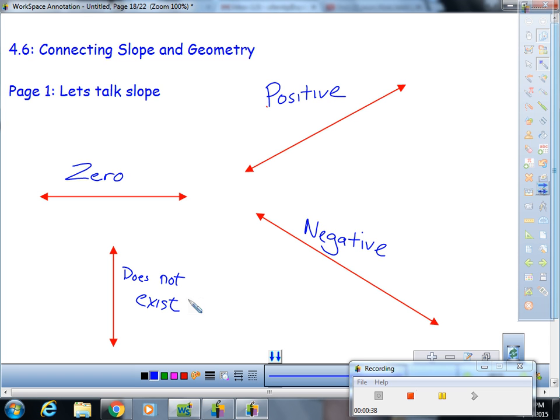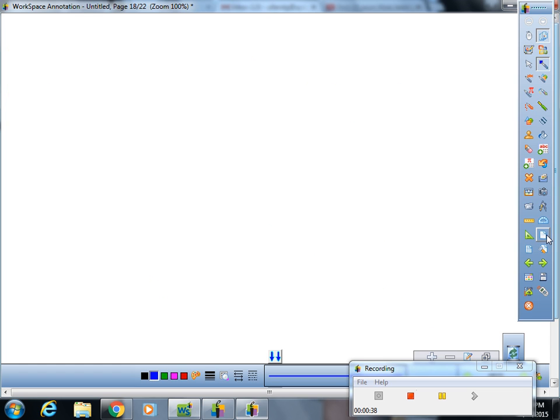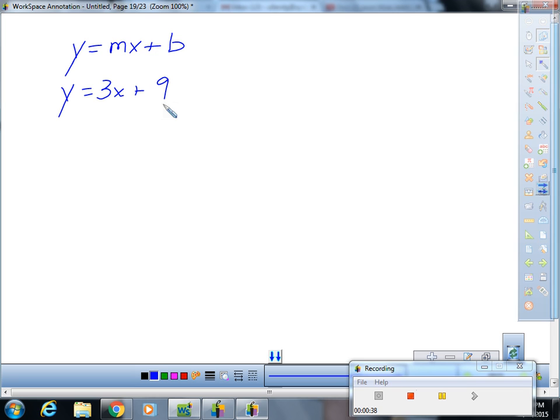All right, let's keep talking about slope. On a line that is represented by y equals mx plus b, for example, y equals 3x plus 9. That's a common way to represent a line, and in this case, the slope is equal to m.